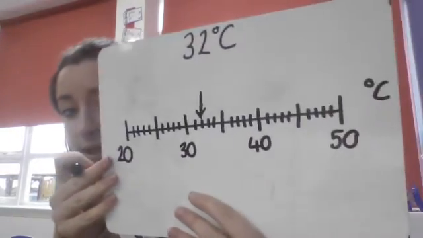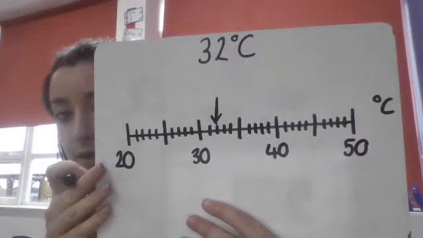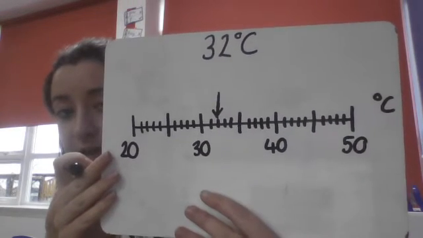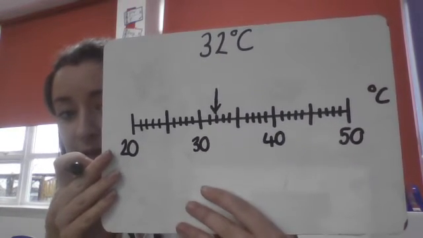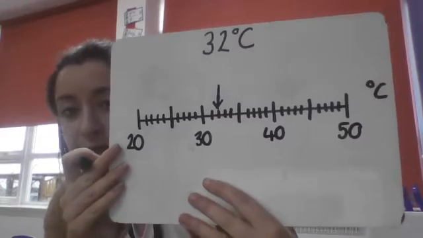So you can see on my whiteboard that I've made sure it's pointing right to the second integer after 30 to make it 32 degrees. In your workbooks, you need to be identifying 34 degrees. So you're going to mark that with an arrow in your books.